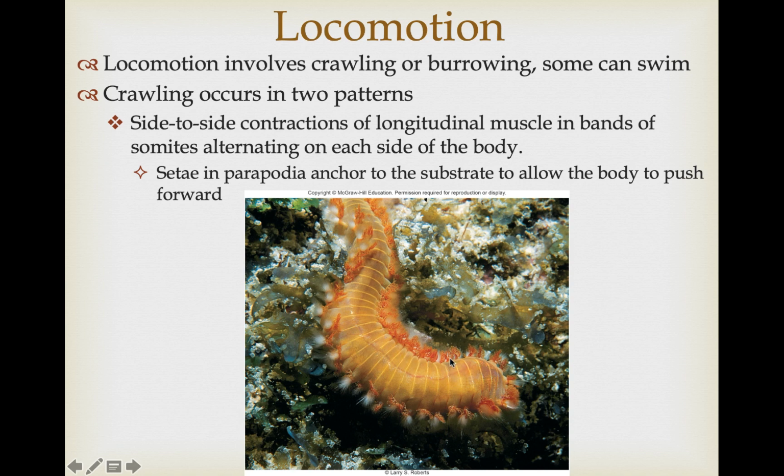That causes the flexing of the body in this area. Then that, again, twists this animal. That would be followed by twisting of the body by the longitudinal muscles on this side contracting. And as they contract and meet an area, what they can do is attach their parapodia with the setae, and they use that to anchor to the substrate, and this allows the body to push forward.